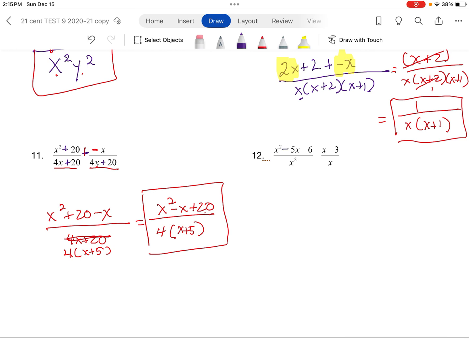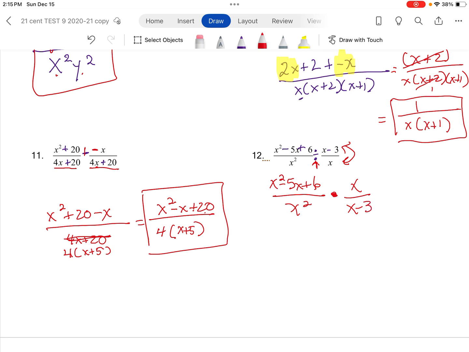Now, in number 12, I am dividing. So when I divide, I change it to multiplication. So I keep the first equation, change the sign from divide to times, and flip the back one, x over x minus 3.